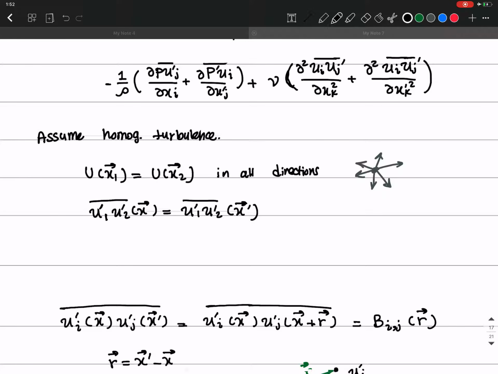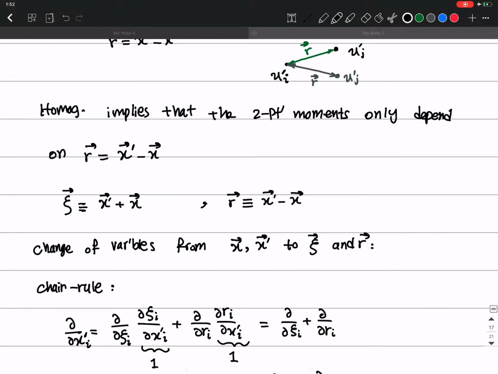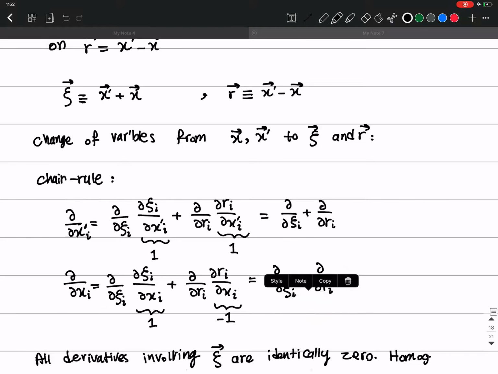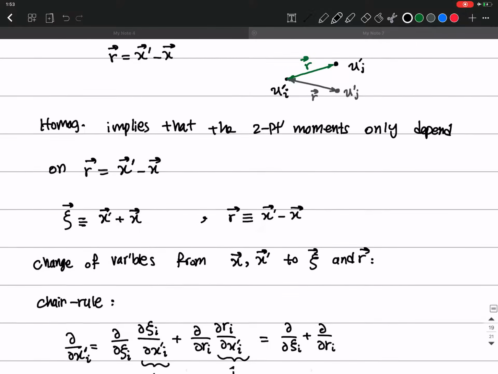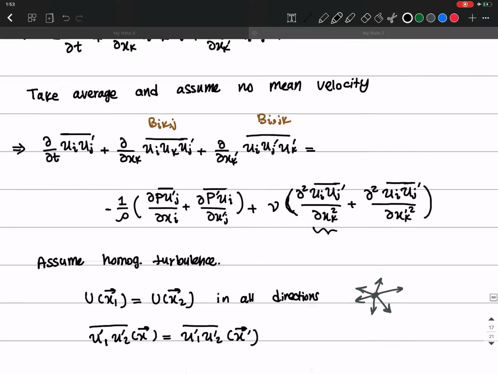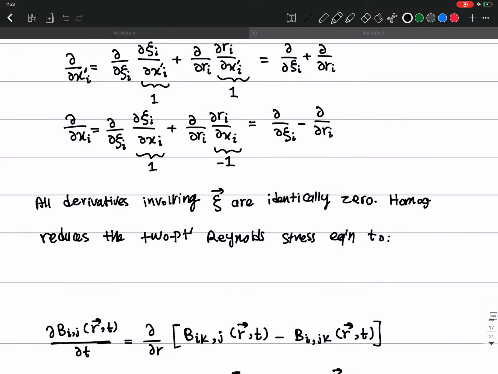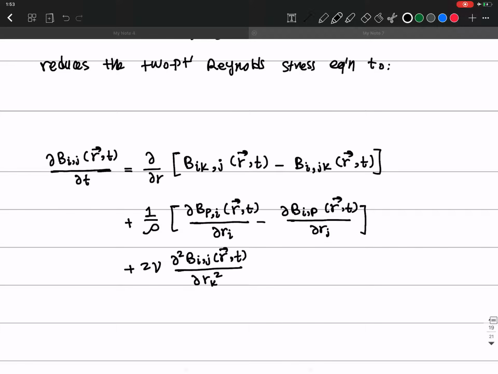Because this is a second derivative, if you take it 2 times, these minuses are going to be plus, minus times minus is plus, so we are going to have 2 terms here, which are going to be plus 2 nu partial square B_ij(r, t) over partial r_k squared, right? I have 2 terms here, r_k, and they add up. They are the same, B_ij. Okay, so you see now things are getting a little bit more simplified.